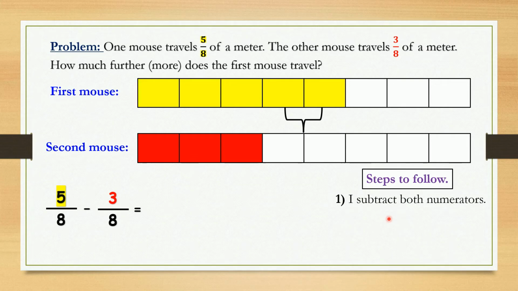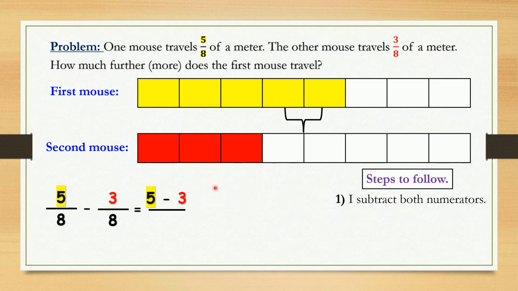First step, I subtract both numerators, equals 5 minus 3 over, here do you think that we should subtract the denominators? Did the mouse travel 2 parts out of 0 more than the second mouse, or 2 parts out of 8 more? Of course, it's 2 parts out of 8.